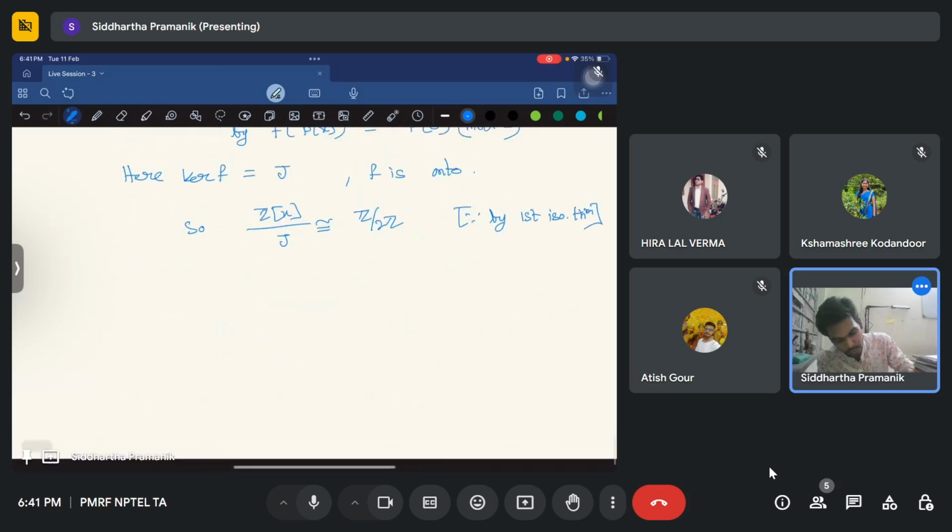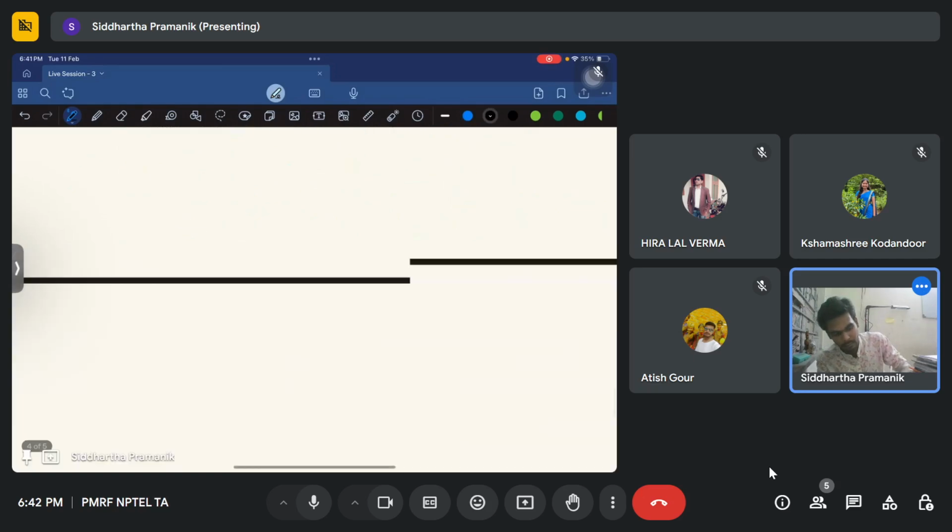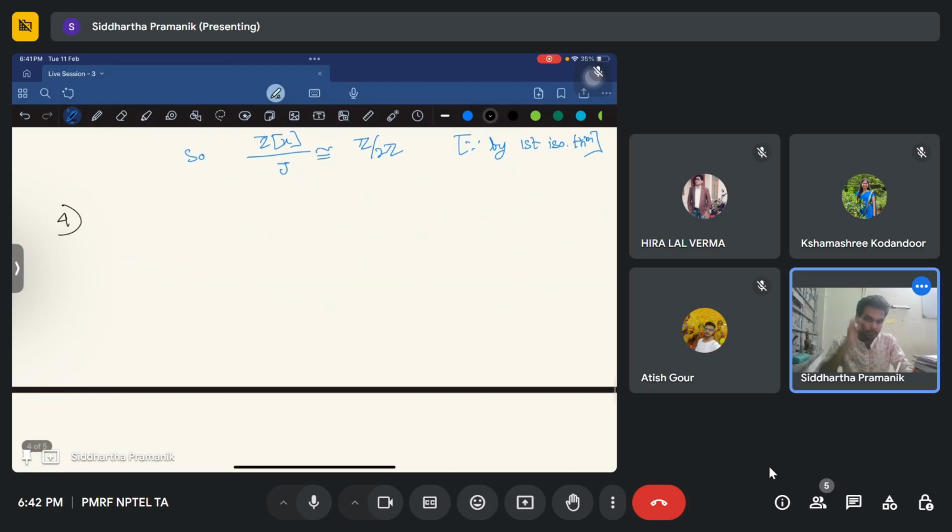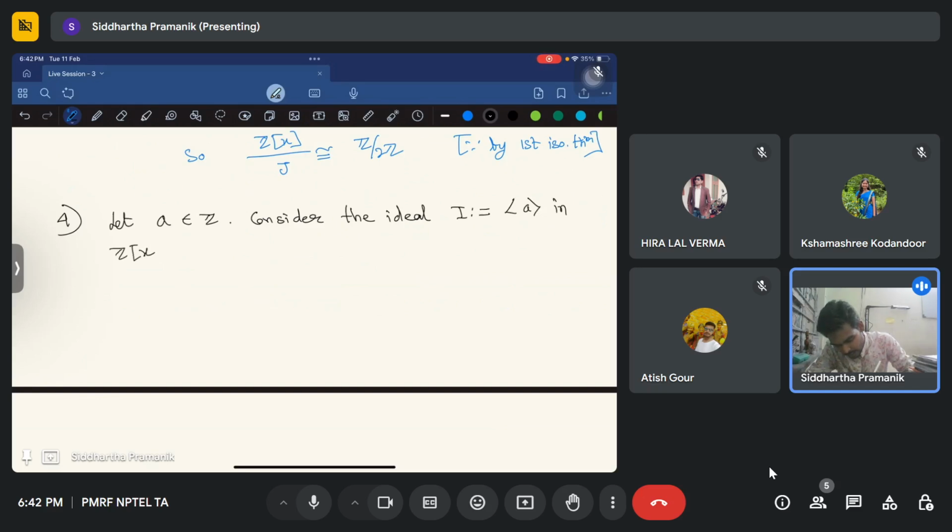Problem number 4. Let a belong to Z and consider the ideal, let's say I, generated by a in the ring Z[x].